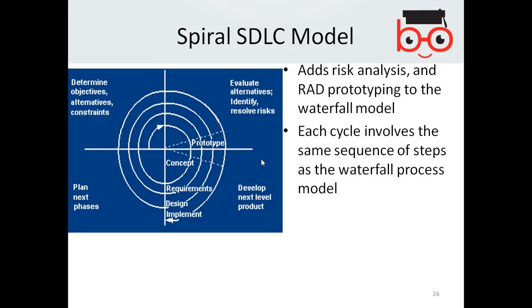At every iteration you identify the risk. Each cycle involves the same sequence of steps as the waterfall process model, but adds some risk analysis at every stage. That's the logic behind the spiral model.